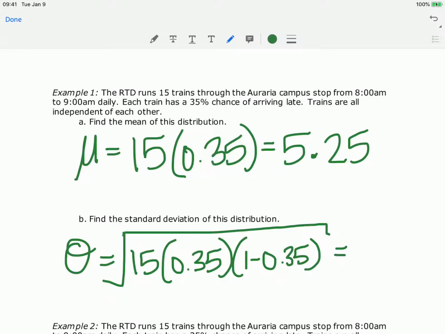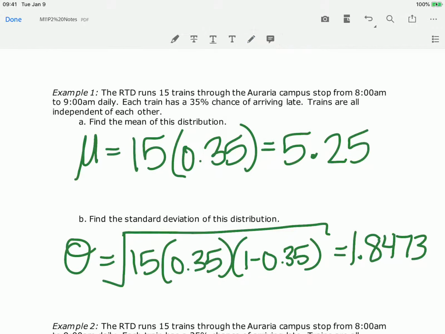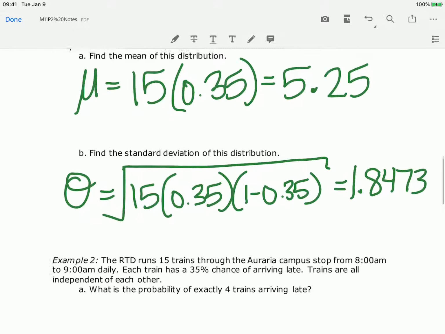And we get 1.8473. And again, standard deviation is still a measure of spread. It's still letting us know the average distance for a data value from the mean. Okay? So that is the mean and the standard deviation.